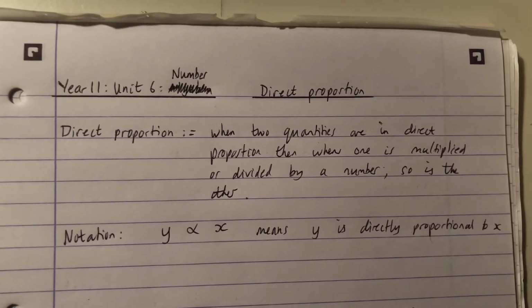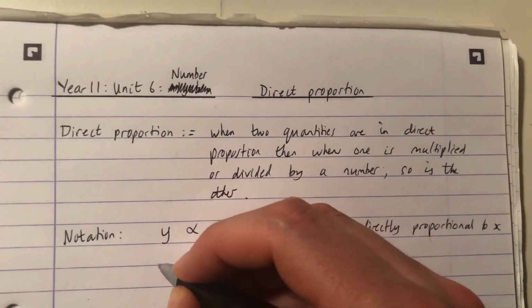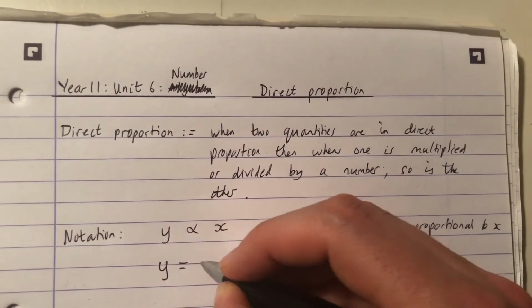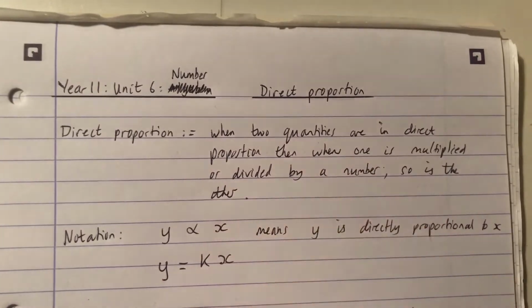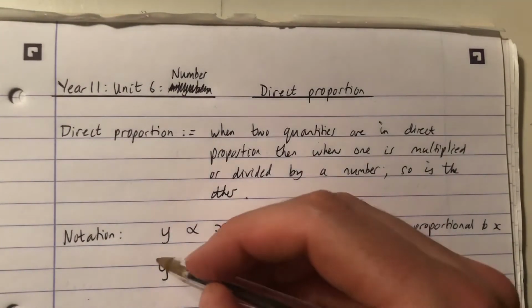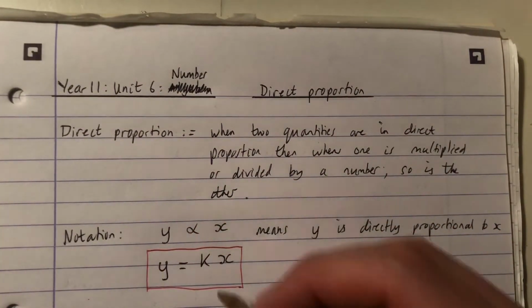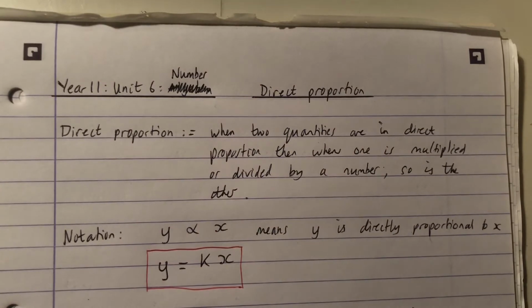Now, this allows you to create a formula. Every single direct proportion question produces a formula, and the formula always looks like this: y is equal to something times x. And that something depends on the question.